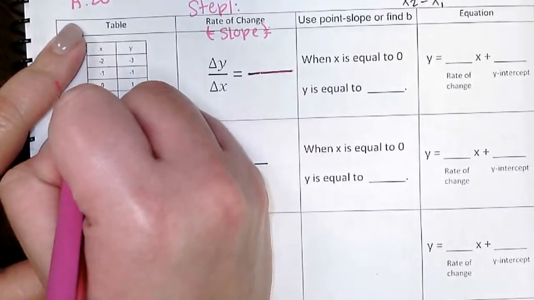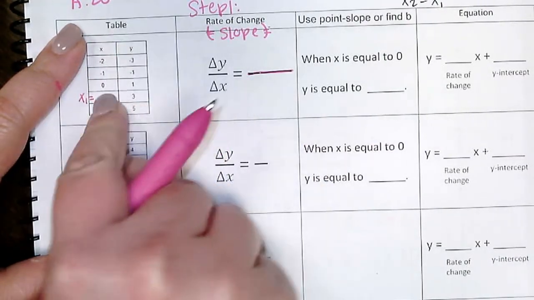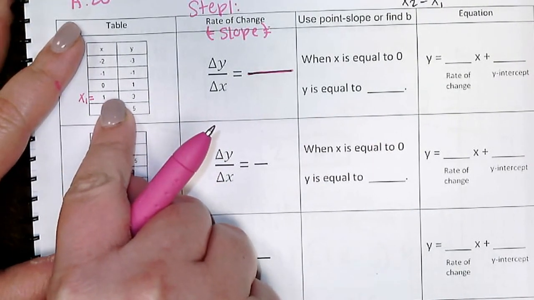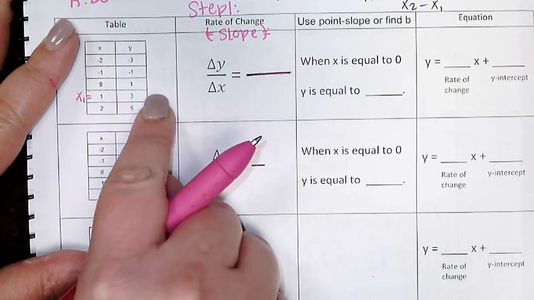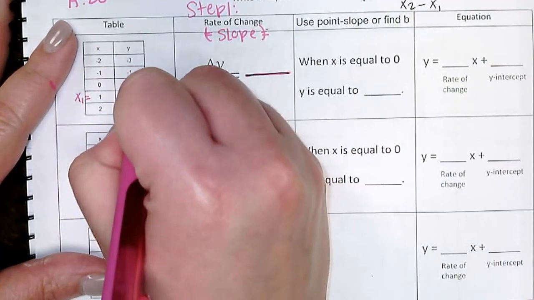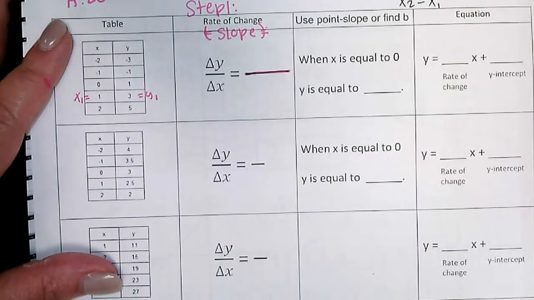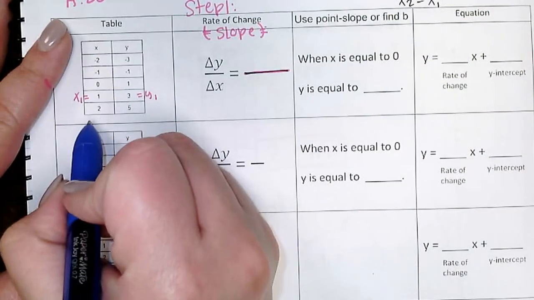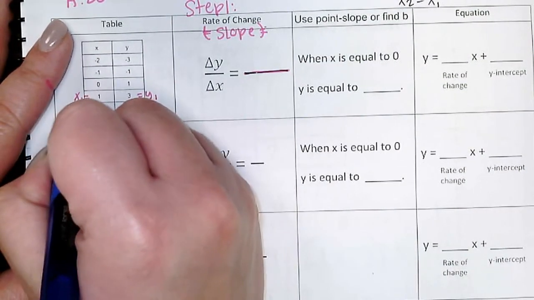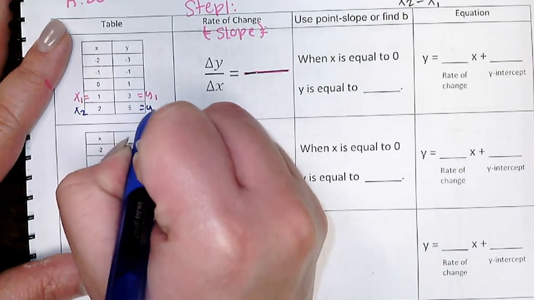So this 1 is my x1. Because this is my x1, the 3 has to be my y1. And then this 2 is going to be my x2. And this is going to be my y2.